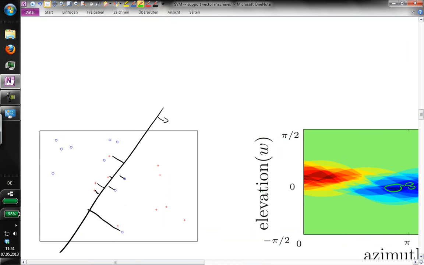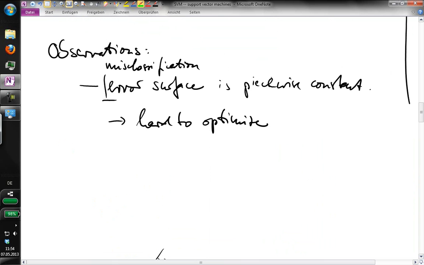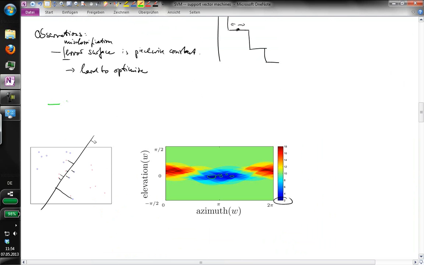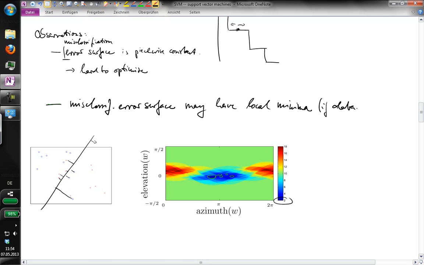So another observation is that the misclassification error surface may have local minima if the data is not linearly separable.